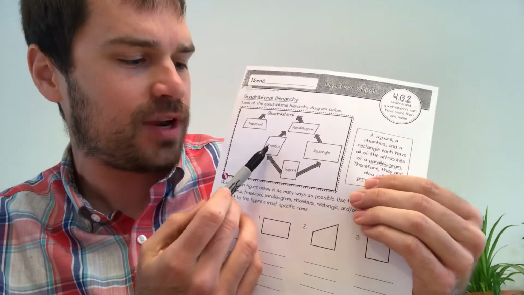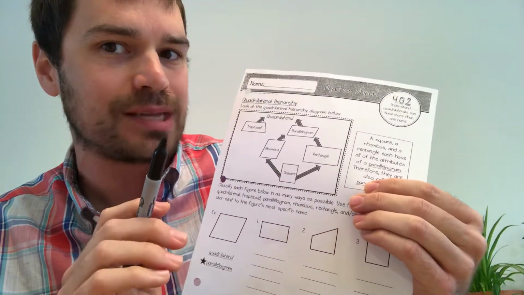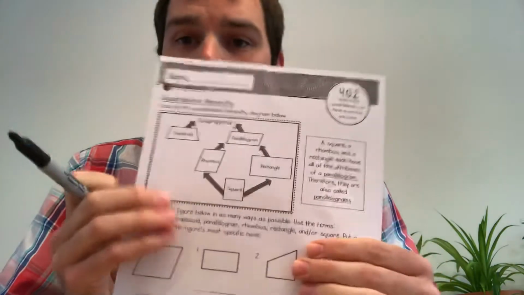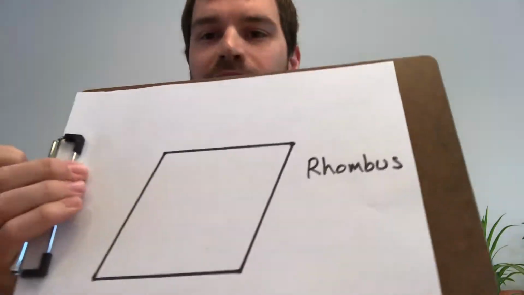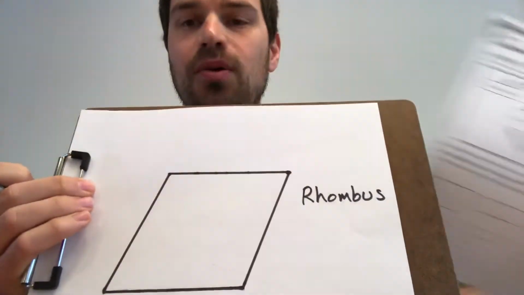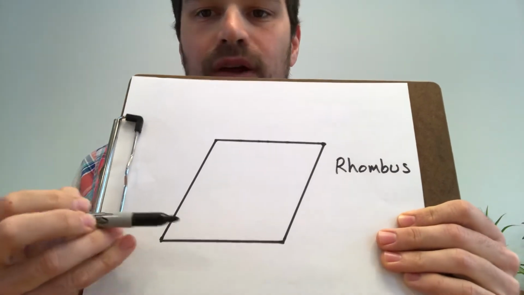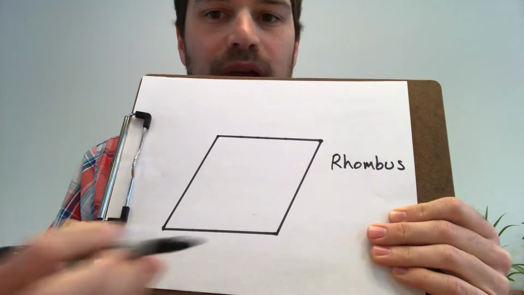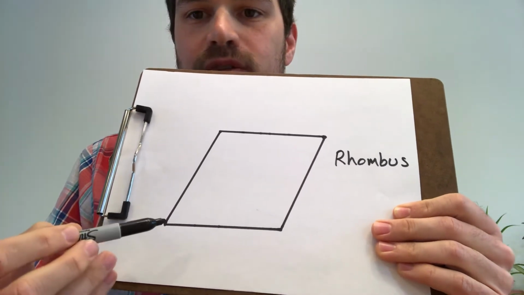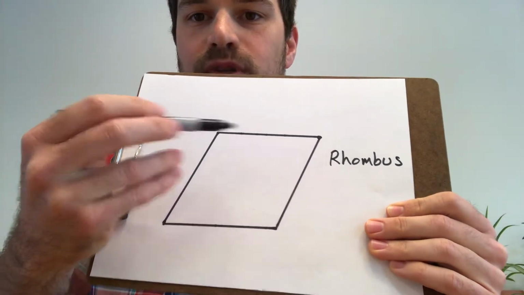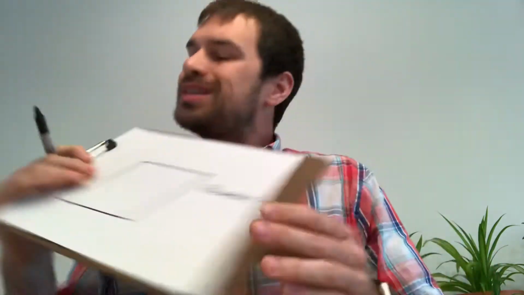We do not have an arrow going from the rhombus down to the rectangle or the square, because a square must have four 90-degree angles. None of these are 90-degree angles. This one is obtuse, this one is acute, that one is obtuse, and that one is acute. So it does not have the four right angles needed to be called a square.